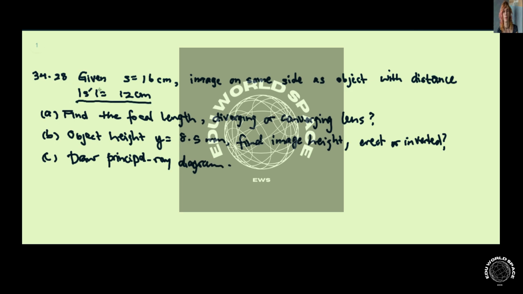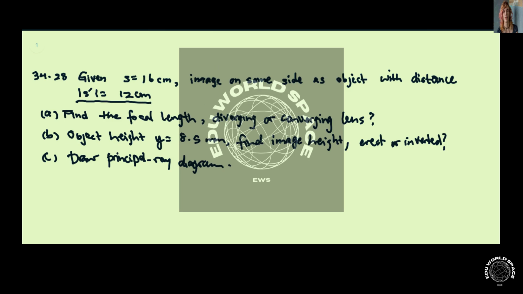In part B, we're to find the image height given the object height, and whether it's an erect or inverted image. And finally, in part C, we are to draw the principal ray diagram for this lens with the object and the image. So let's do part A first.